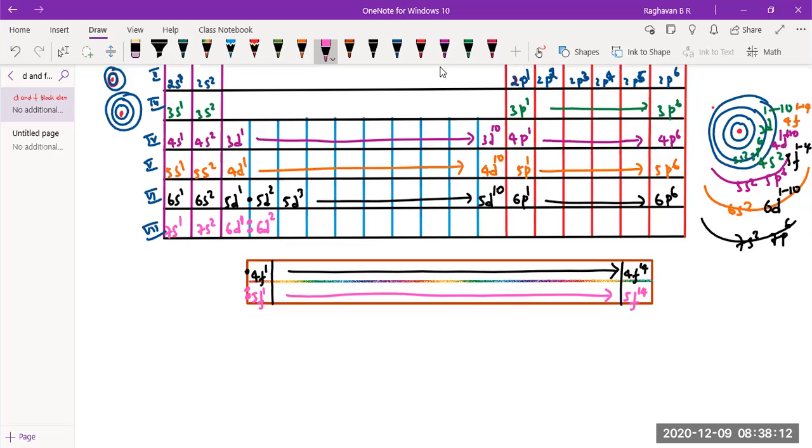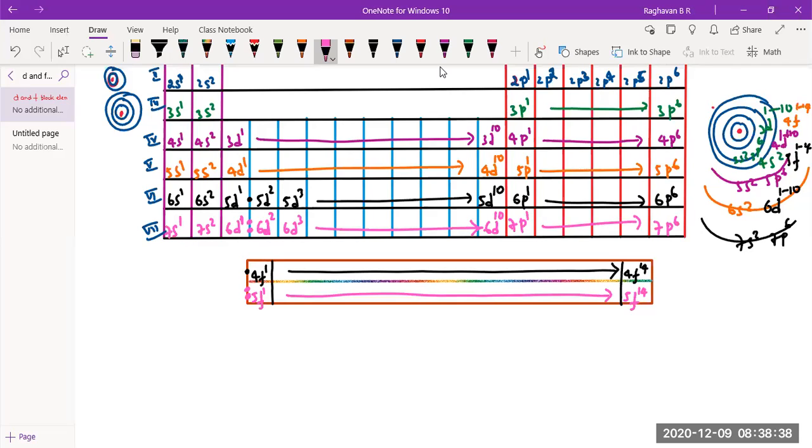The break is between 61 and 62, the 14 elements of 5f1 to 14. After that, 62, then 63, 64, and so on all the way up to 6d10. After 6d10, it is 7p1, 7p2, 7p3, like that up to 7p6.